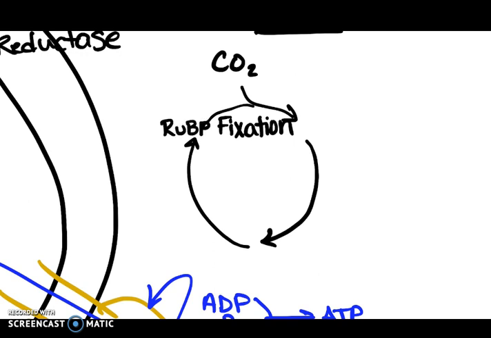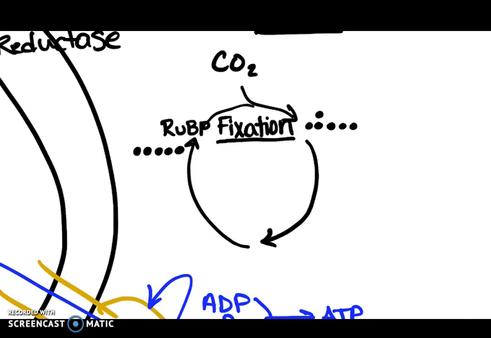The reason you need to know it is because we have to regenerate it at the end, but we'll get there in a sec. So we've got carbon fixation, which just means carbon is getting added onto this 5-carbon sugar to make a 6-carbon sugar. But you don't even need to know what they look like, nothing.